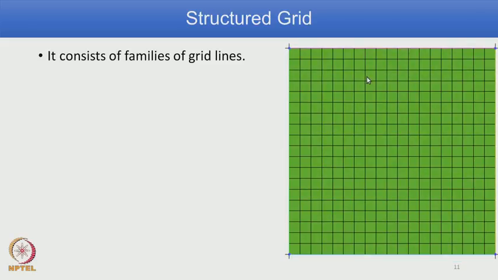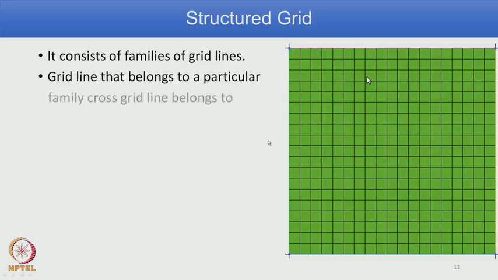In a structured grid, it consists of families of grid lines. In this figure, the black lines that you are seeing running vertically as well as horizontally, each one of them represents one grid line, and all the vertical grid lines are one family and all the horizontal grid lines are another family. In a structured grid, a grid line that belongs to one particular family crosses a grid line that belongs to another family only once.